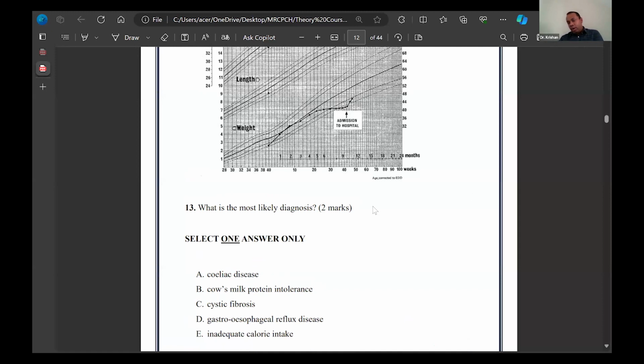Right. Okay, now here again, what we have to know is to exclude other possibilities and come up with the most likely diagnosis. So we'll see what the likely diagnosis is. So celiac disease, right? If it was celiac disease, we expect the child to be on a gluten-free diet to improve his weight.